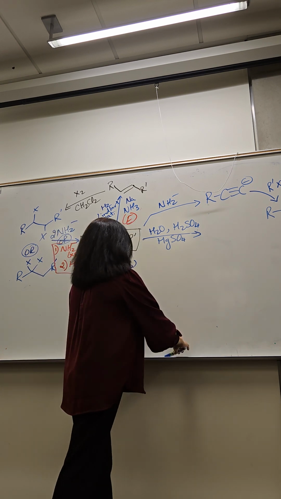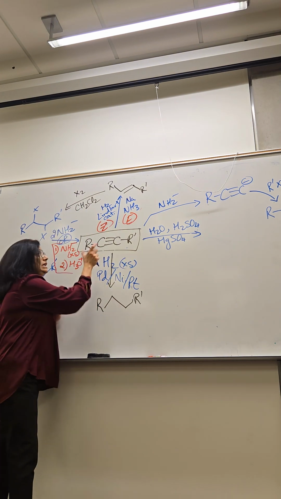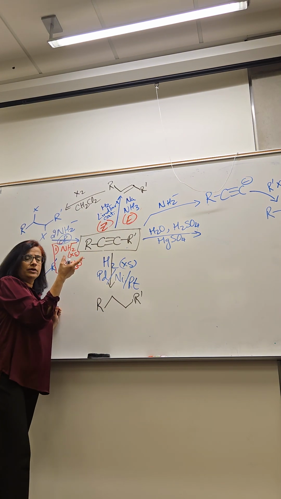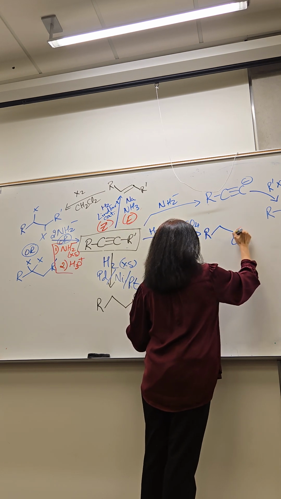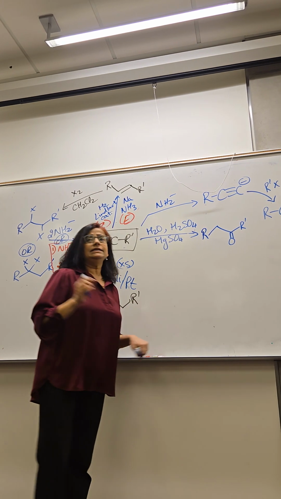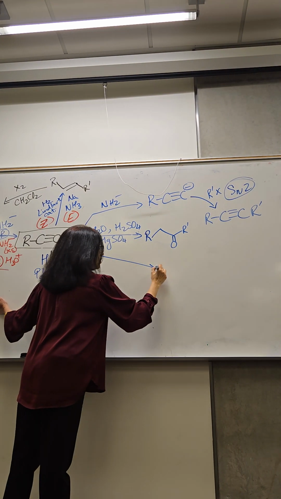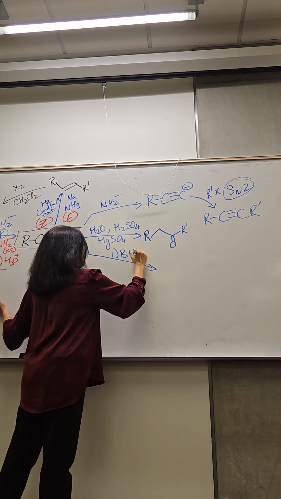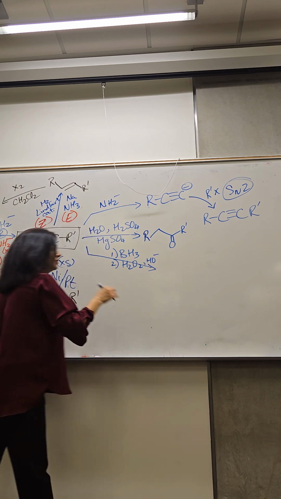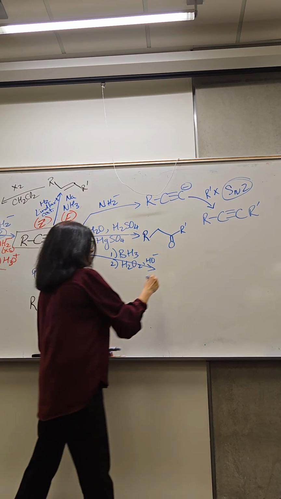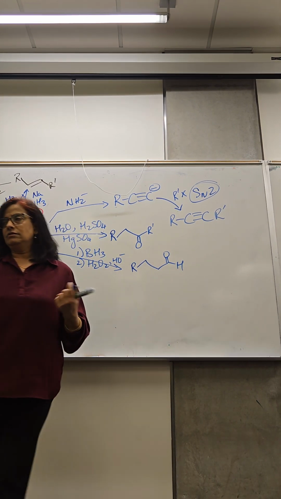A ketone. It goes through Markovnikov hydration, makes an enol. The enol tautomerizes, and that mechanism you need to know to produce a ketone. But if you were to do anti-Markovnikov hydration, what's the outcome? An aldehyde, because it goes through anti-Markovnikov addition and then gives you an aldehyde.